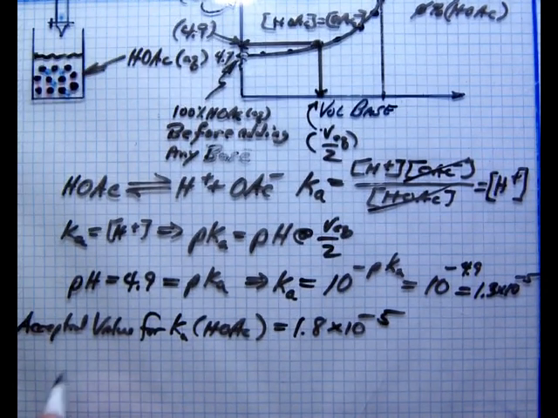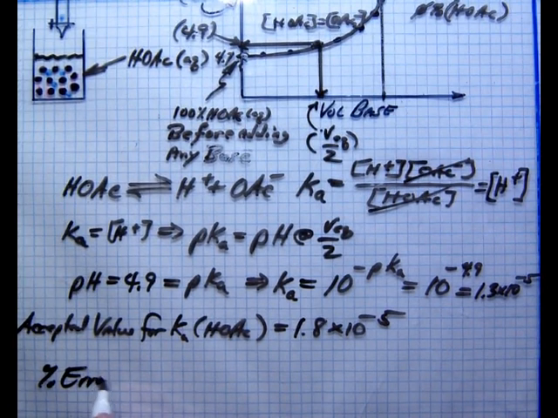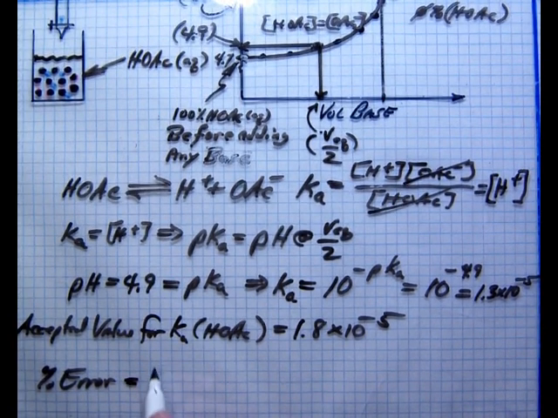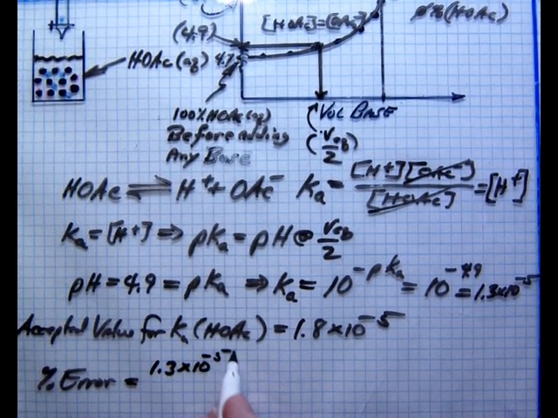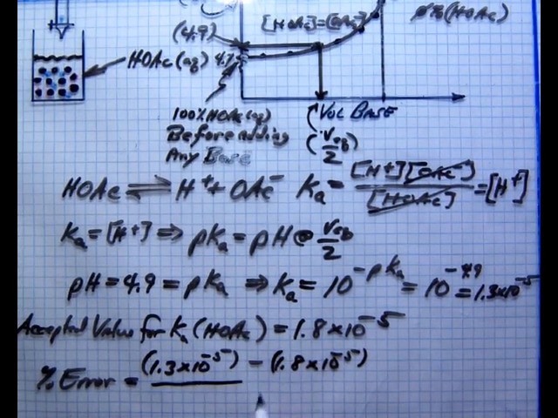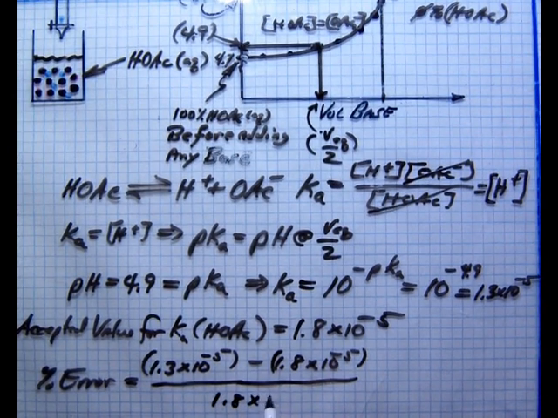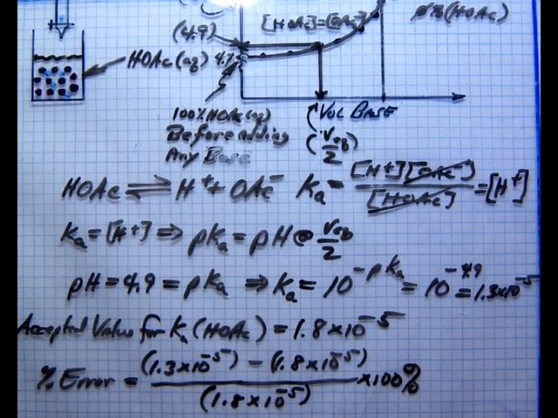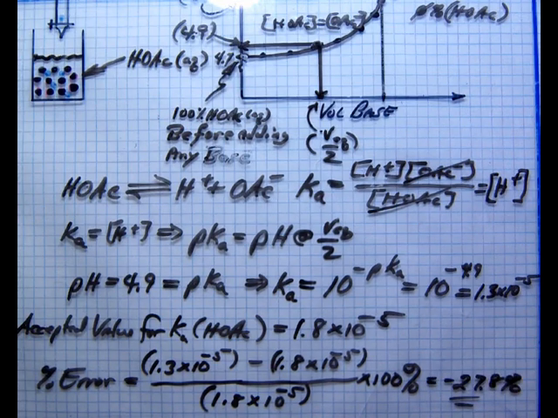So we can calculate a percent error for this determination as the observed value, 1.3 times 10 to the minus 5, minus 1.8 times 10 to the minus 5, divided by 1.8 times 10 to the minus 5, times 100%, which is about 27.8% below the accepted value.